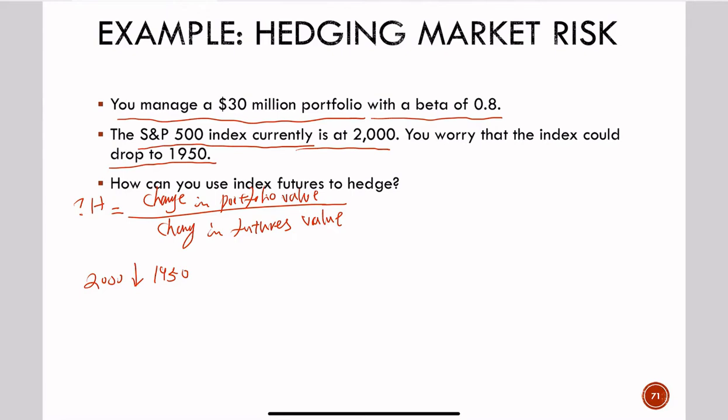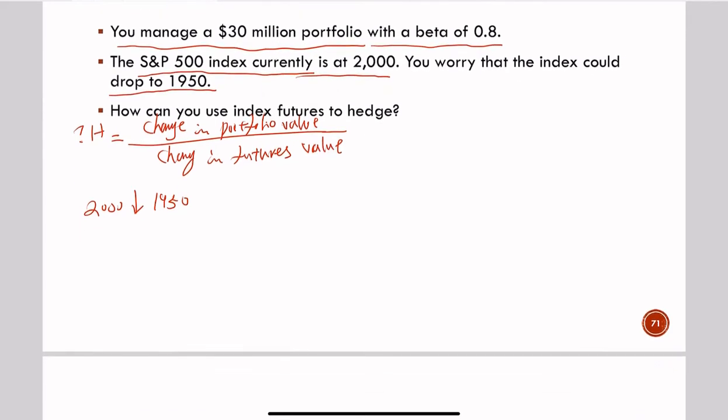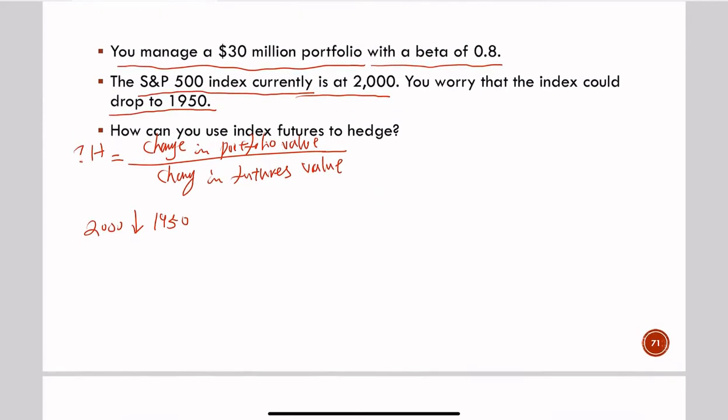And if you use the beta here, if the market changes from 2000 to 1950, then the market drops by 50 divided by 2000. So there is a 2.5% drop in the market.